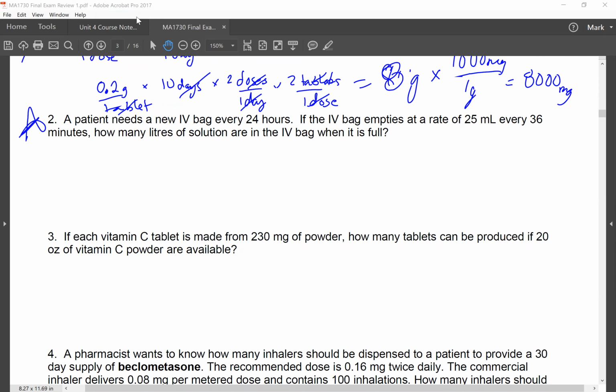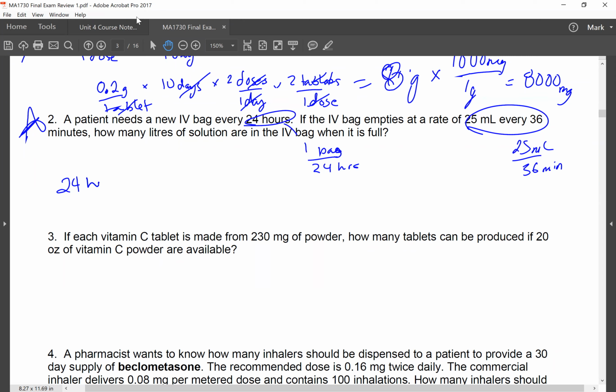So our first ratio, we know that we have 25 milliliters per 36 minutes. We know that we have one bag every 24 hours. So I'm going to start with 24 hours. My goal is to figure out how many minutes are in 24 hours, and then how many milliliters will be in that time period.